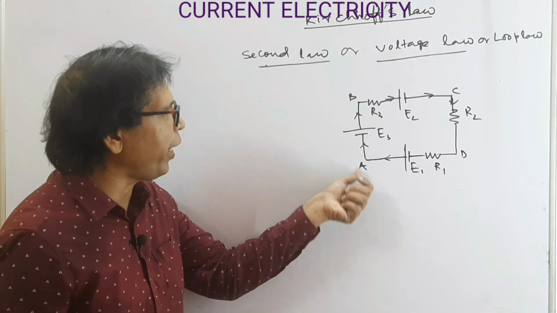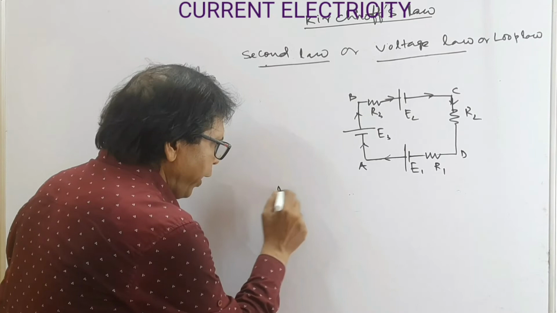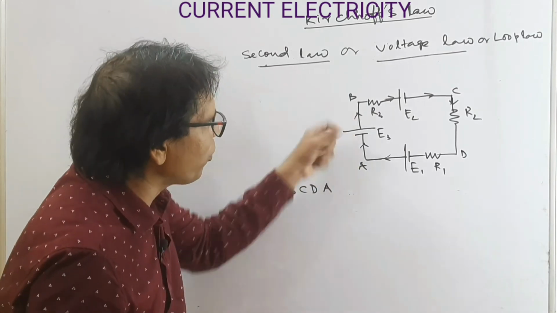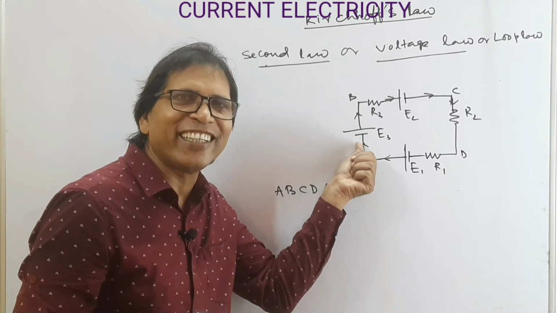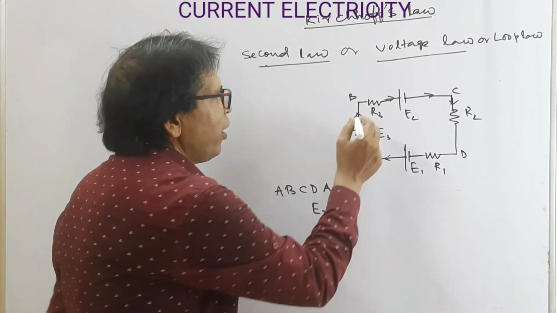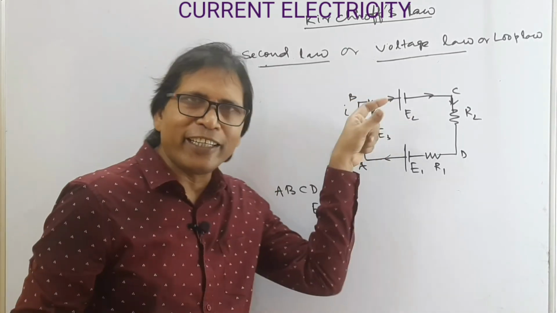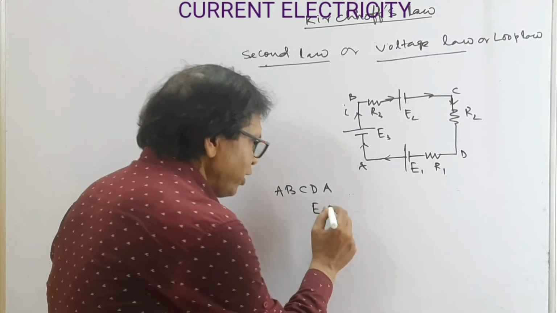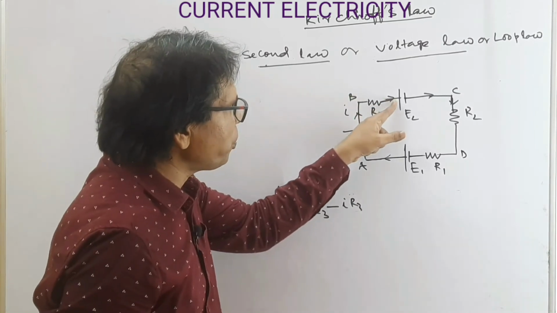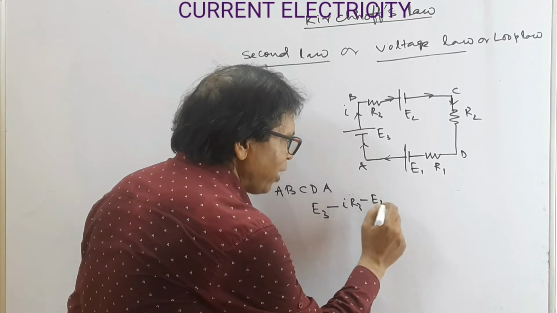Now take the loop A, B, C, D, A. In the loop A, B, C, D, A, look at this. From A to B, the potential rises, negative to positive, so E3 becomes positive. Now, if I is the current, IR3 is in the direction of current, so this is negative IR3. Again, positive terminal to negative terminal, so this is minus E2.